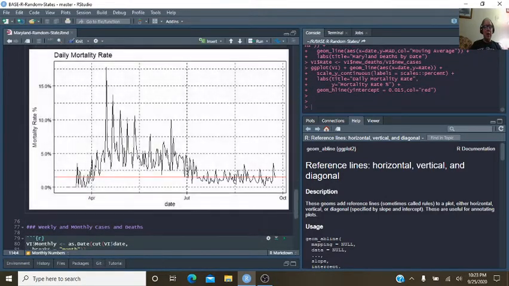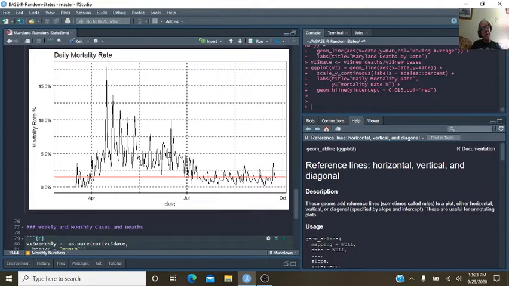Let's take a look at it a little differently. This here is the mortality rate, and I'm using the simple method that Johns Hopkins University is using. I'm dividing the number of deaths by the number of cases. This is just to give a sort of litmus test.